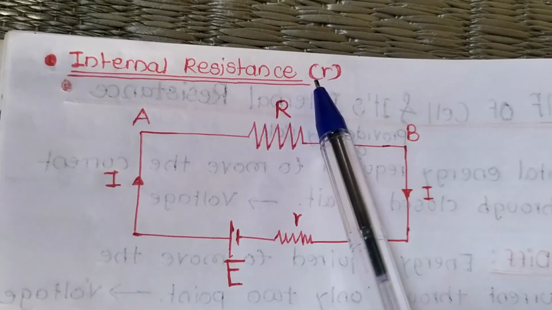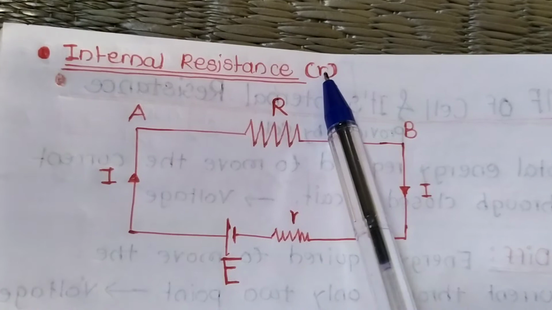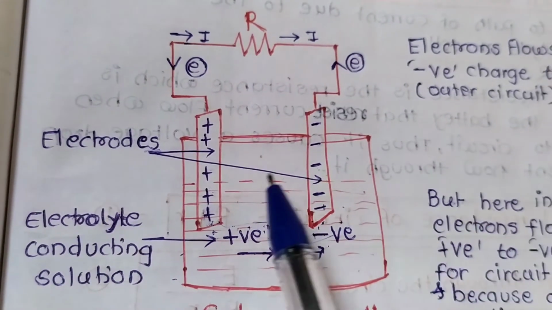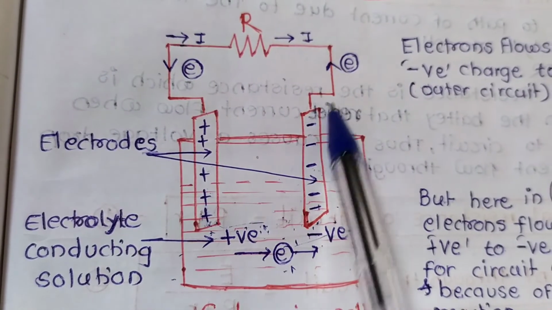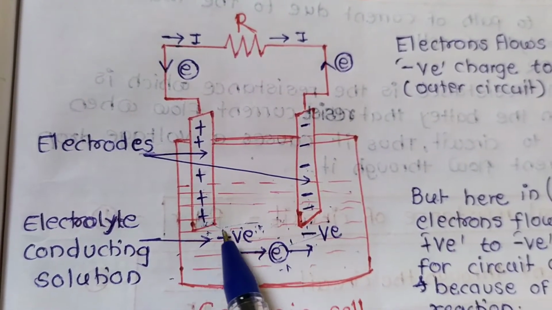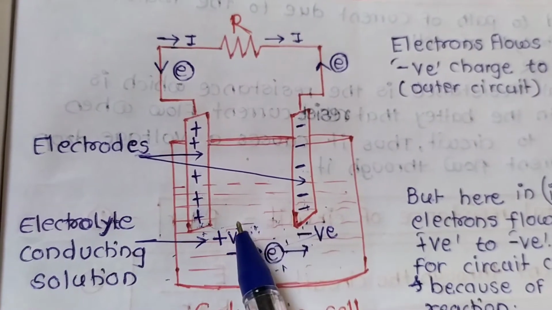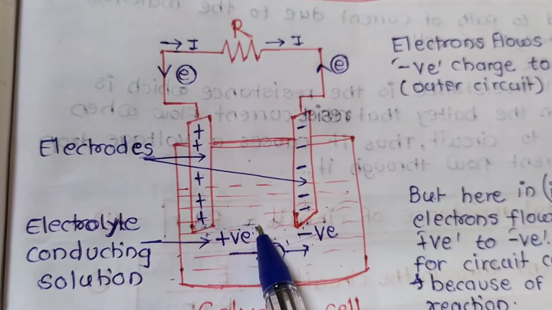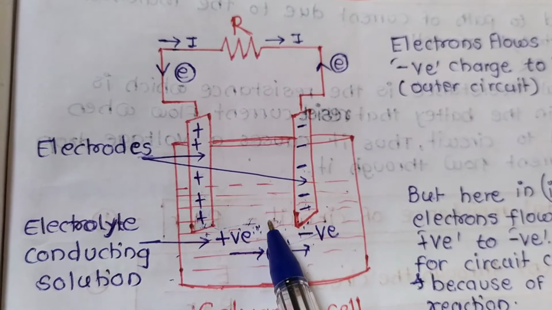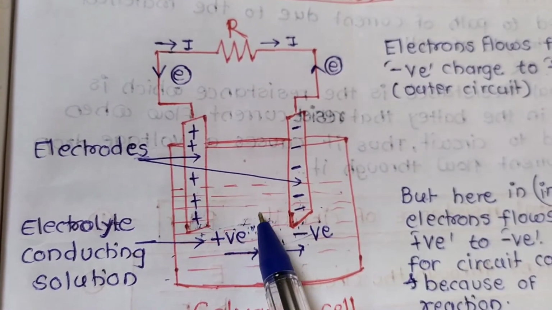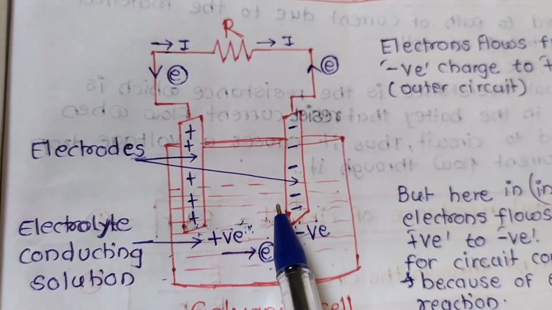Now, very interesting: the internal resistance, small r, which is present in the cell. When the circuit is complete, current also flows through the electrolyte conducting solution, and there is a resistance offered by the electrolyte to the flow of current.